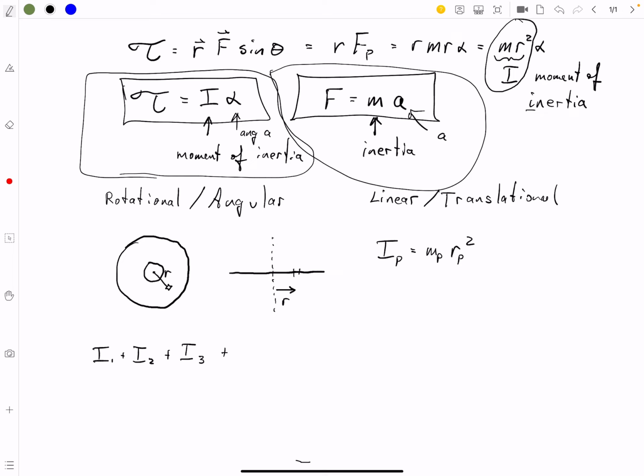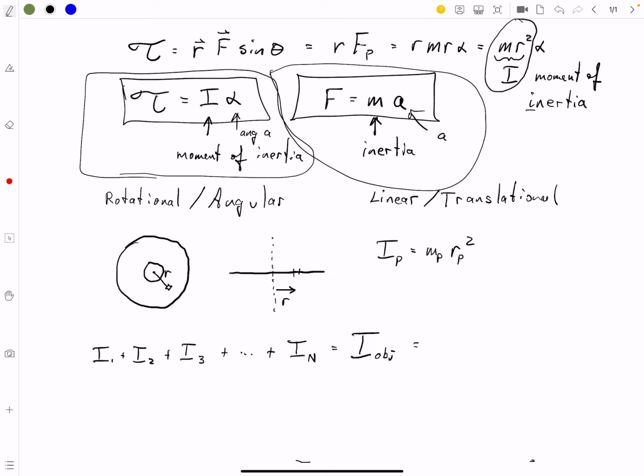We're going to add them all up till we finally get to the last piece, the nth piece, and that equals the moment of inertia for that object.